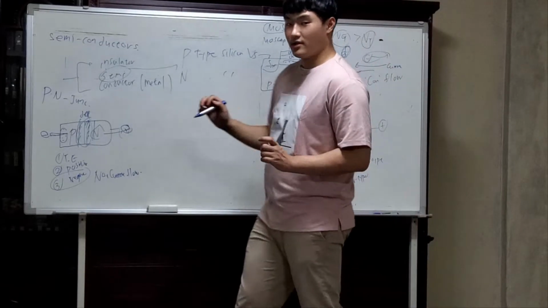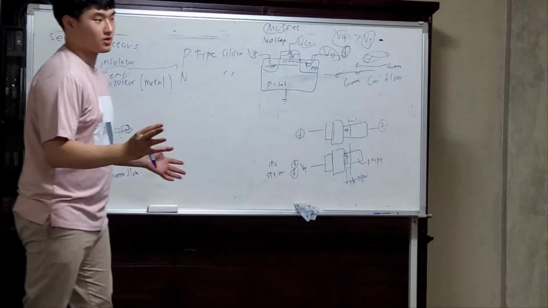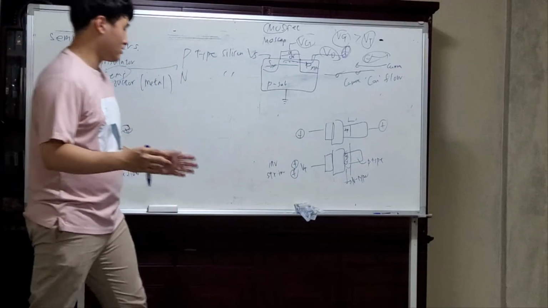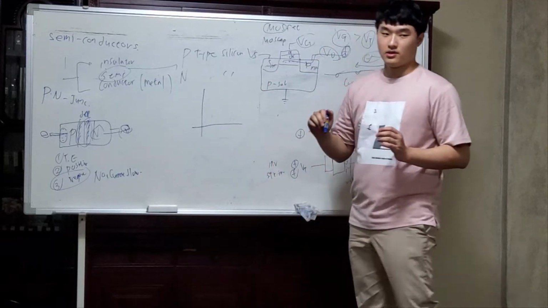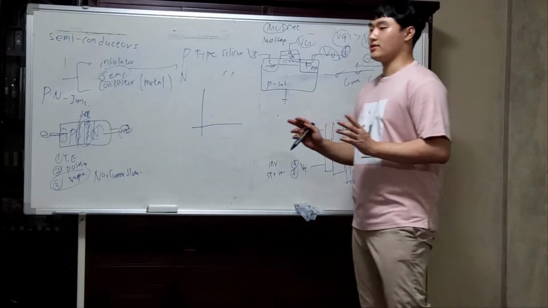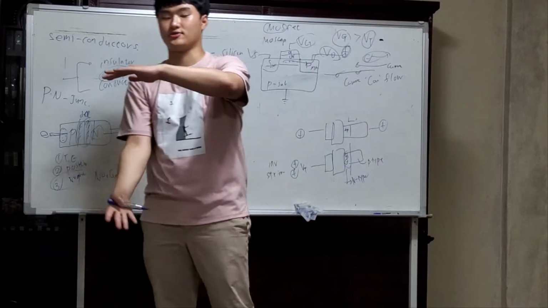So, the more strong the gate bias is induced, the larger the channel will be induced.